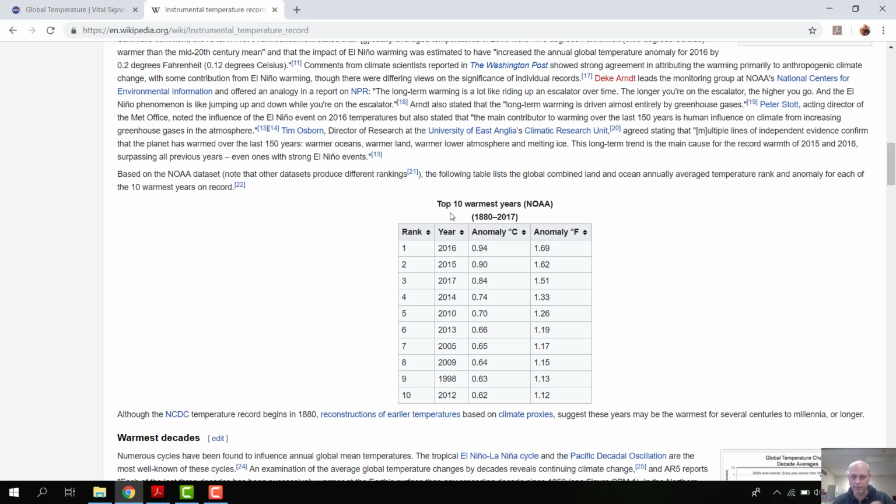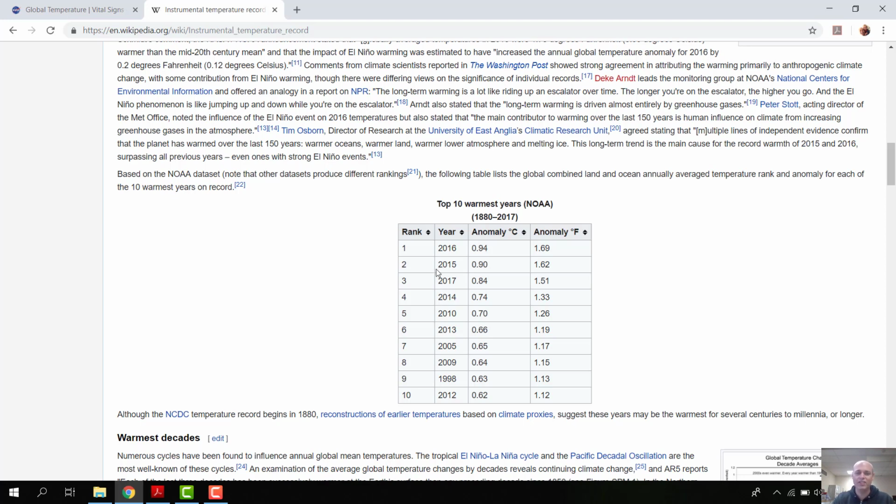This is globally, the warmest years on record from 1880 to 2017. And the hottest year on record in that whole time span, so again, we're talking what, 140 years? The hottest year of all of those was 2016. Second hottest year, 2015. Third hottest year, 2017.